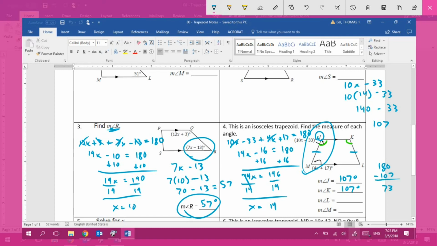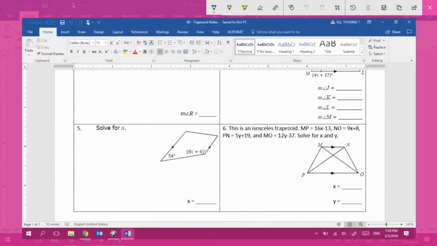So the measure of angle M is 73 degrees. That's also the exact same as the measure of angle L on the isosceles trapezoid, which means the measure of angle L is also 73 degrees. They're the same. That's the isosceles trapezoid.